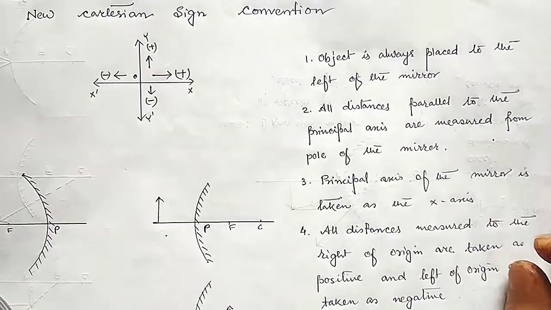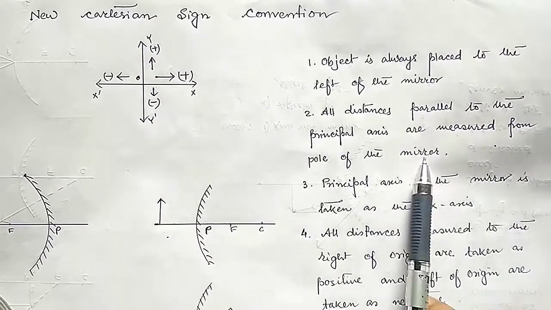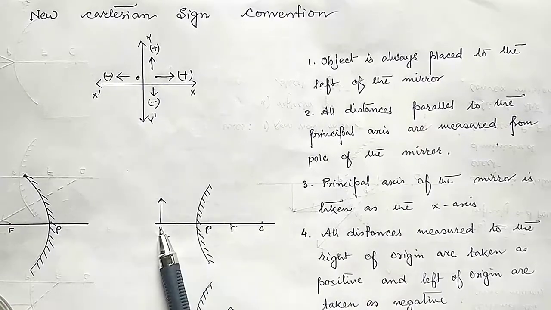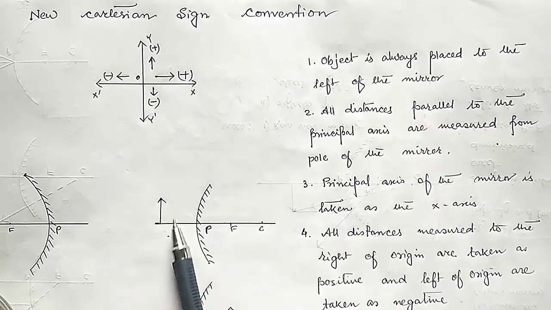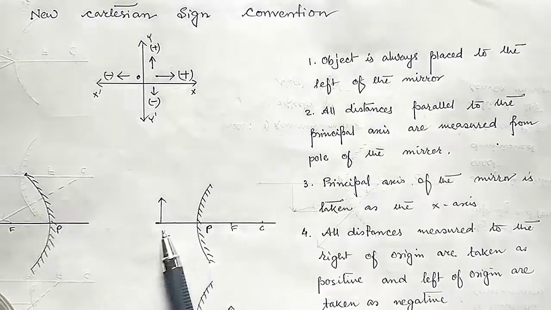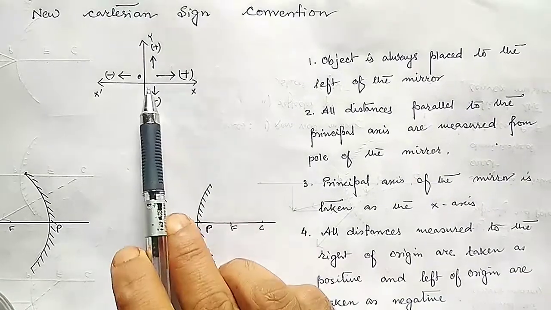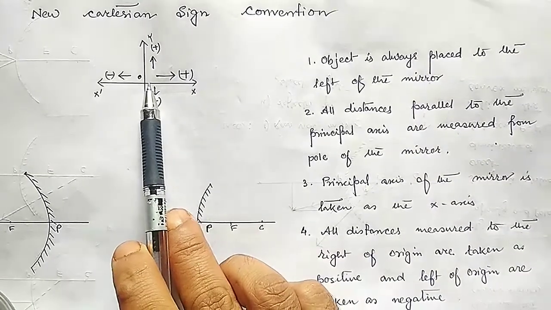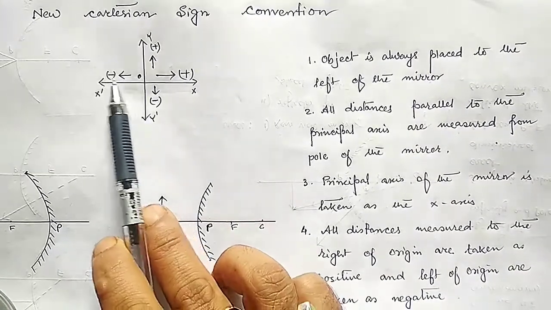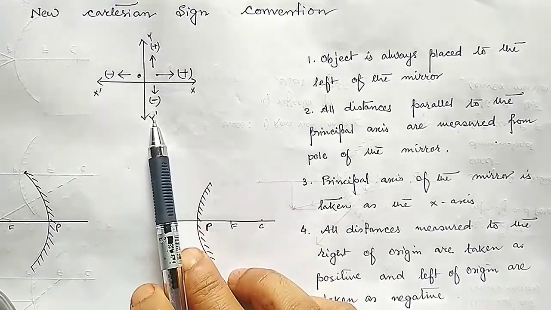Second point is that all distances parallel to the principal axis are measured from the pole of the mirror. So if we want to measure the distance of the object, we have to measure from the pole of the mirror. And this principal axis of the mirror is taken as the x-axis. We know in this x-axis, if this is the origin, on the right hand side it is positive, left hand side negative, on the upside it is positive, and here it is negative.